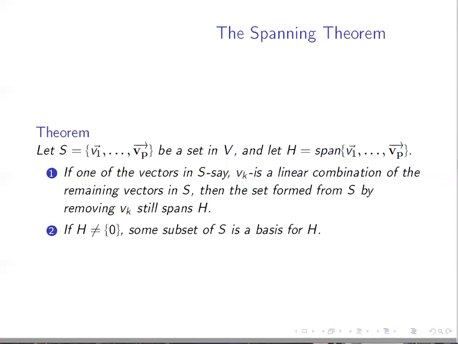And as long as H is not the zero space, some subset of my original spanning set is a basis. So every basis is a subset of a spanning set, maybe the entire spanning set, and maybe only a portion. But we can leverage this as we get into our examples.